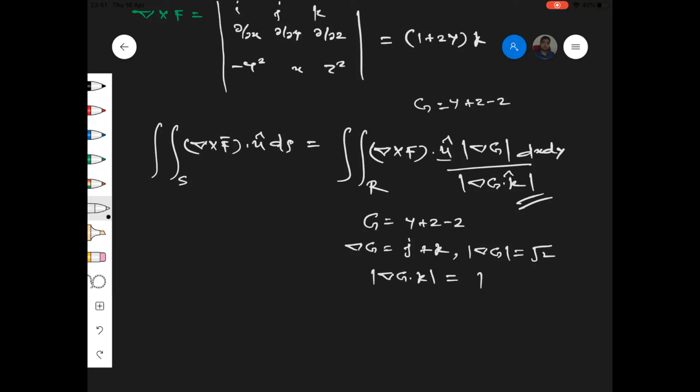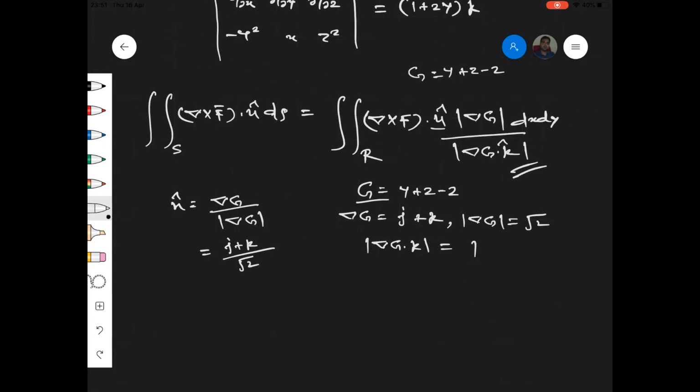Now we are ready to put everything in the integral except the n cap. So let's just evaluate the value of n cap, which is the unit outward normal to the surface. It is going to be del g divided by mod del g, which is equal to j plus k divided by under root 2. Now we'll put each and everything in this integral to have the value of this integral.